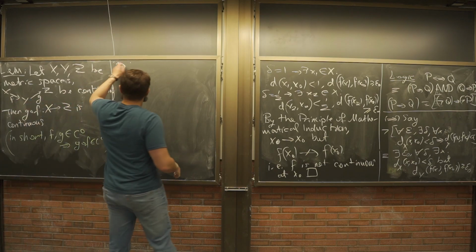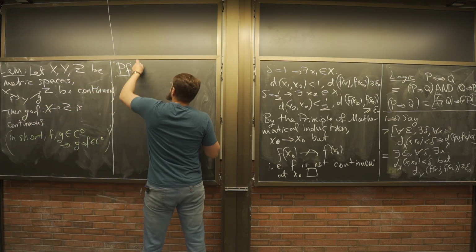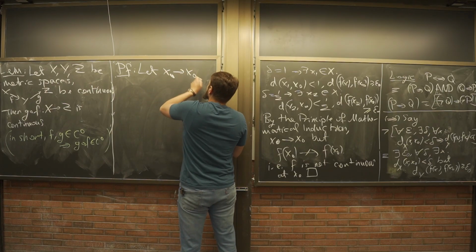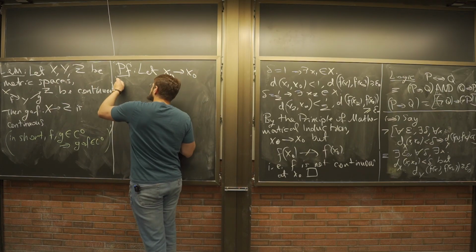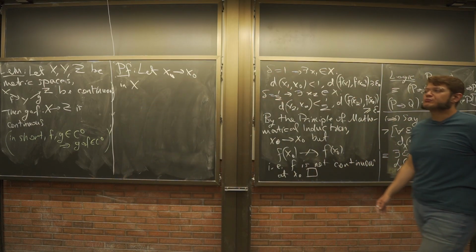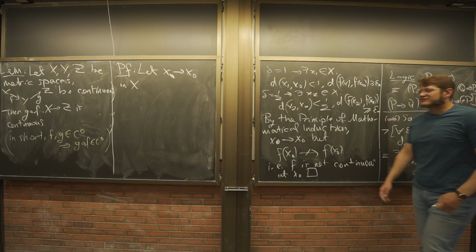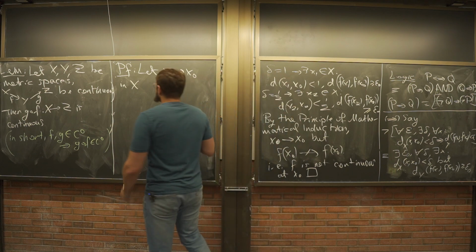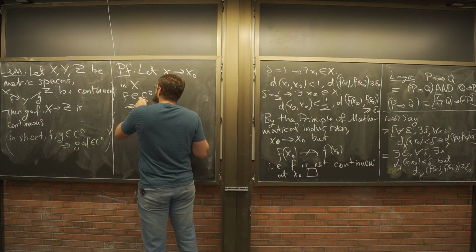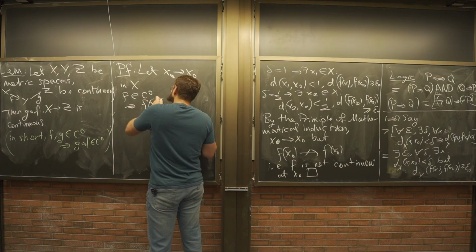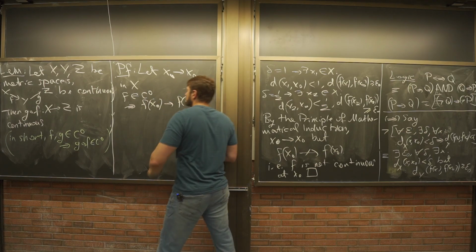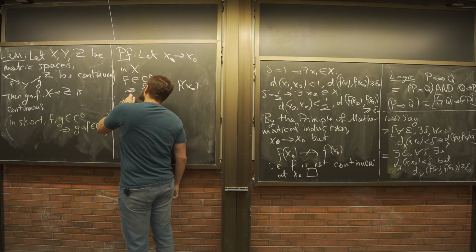Proof. Of course, this is a sequence in x that converges to some point in x. By the continuity of f, so f is in C0, which means that the image of this sequence converges to f of x. g is in C0.